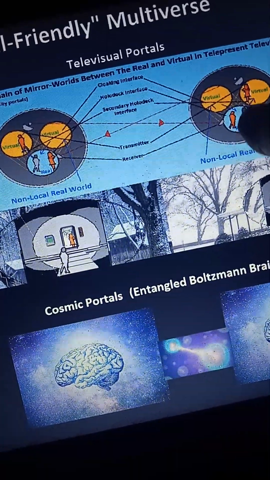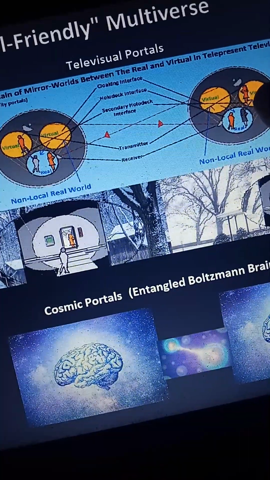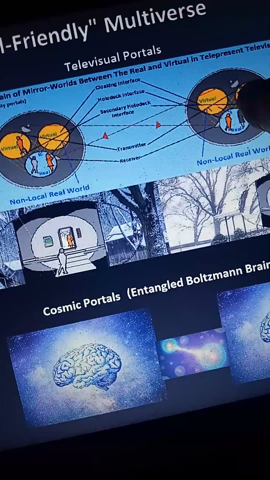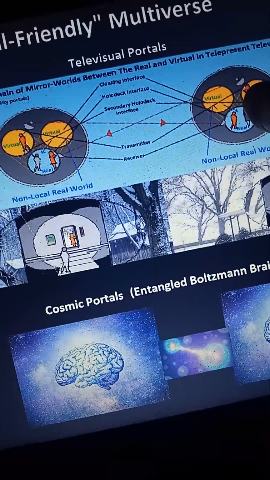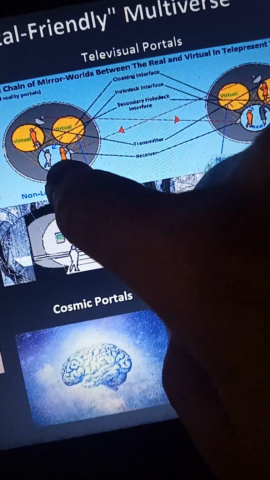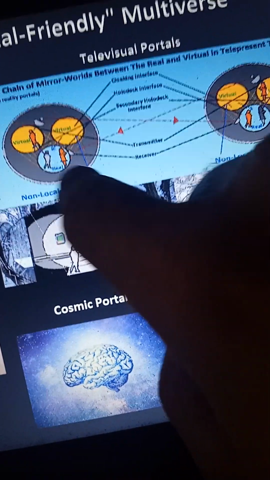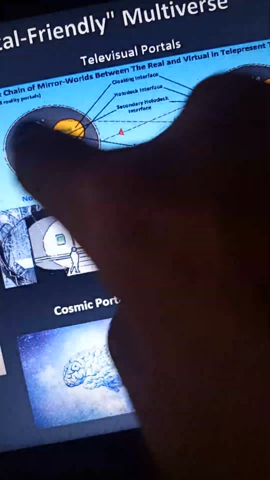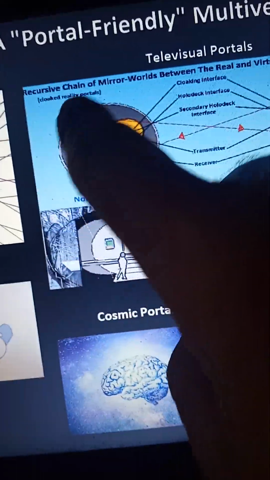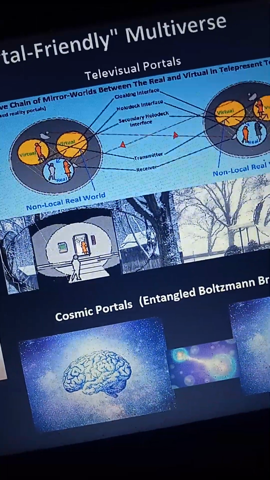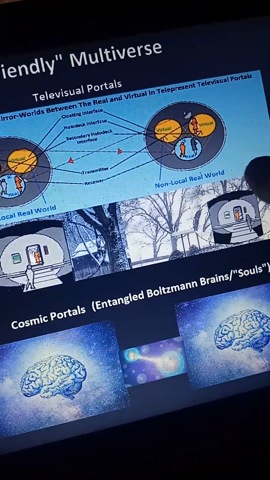And while her body is being scanned and visually represented in virtual form in the virtual holodeck, it would be transmitted over to Bob's holodeck. They would overlap each other, continuously overlapping each other. That's why I call it a recursive chain of mirror worlds, the real and virtual telepresent televisual portals.